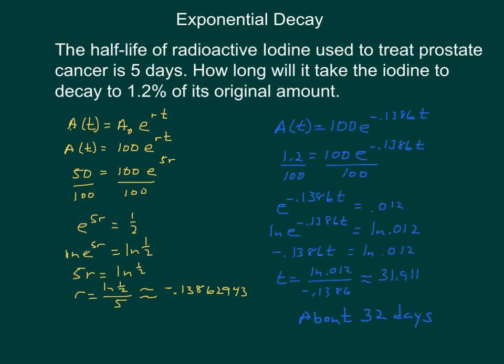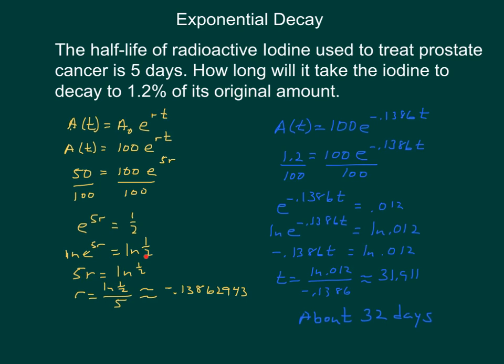Now this is where the half-life comes into play. I know after 5 days I will have half of what I started out with. So since I'm starting out with 100, I know when t is 5, A of t is going to be 50. So I can say 50 equals 100 e to the 5r power. Solving for the exponential, I divide by 100, and I get e to the 5r is equal to 1/2.